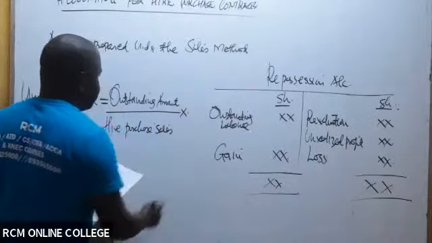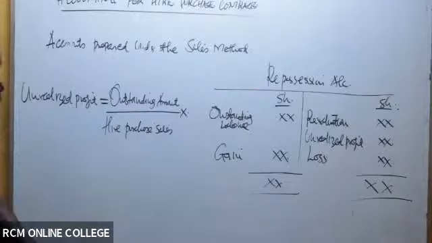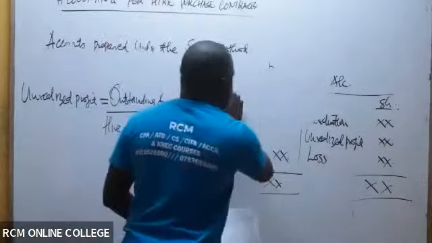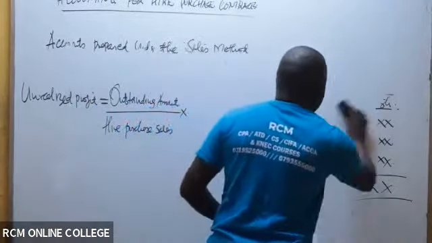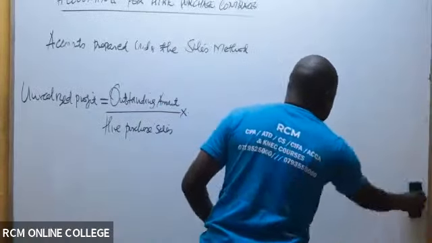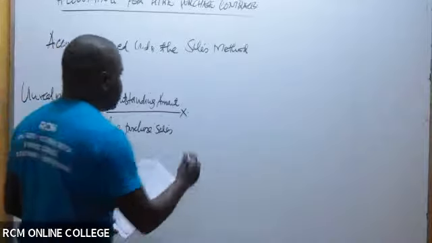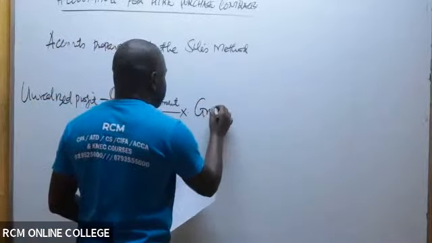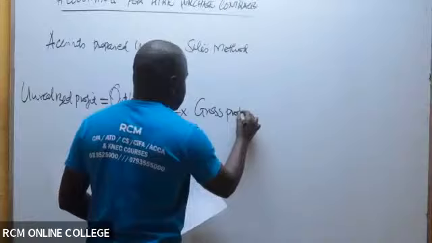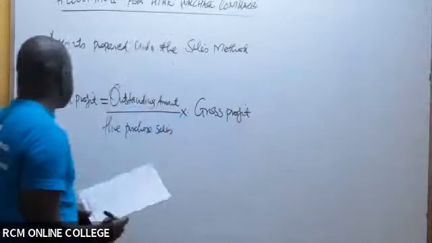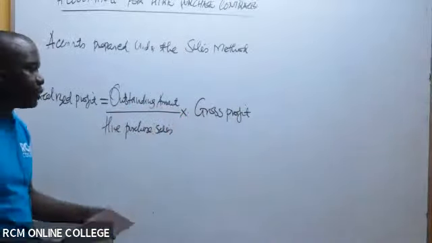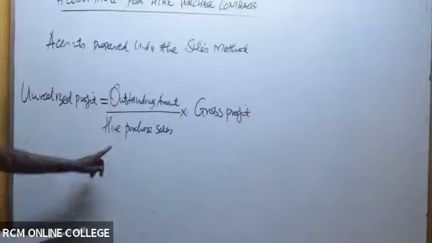You multiply by the gross profit on these hire purchase sales. So the unrealized profit we are talking about, you will take to the repossession account, even the formula. This is how you get it.